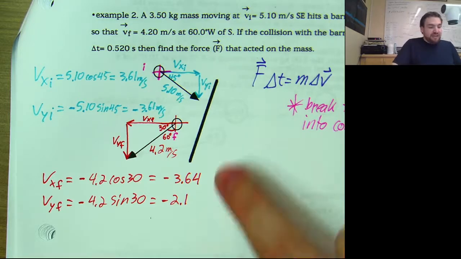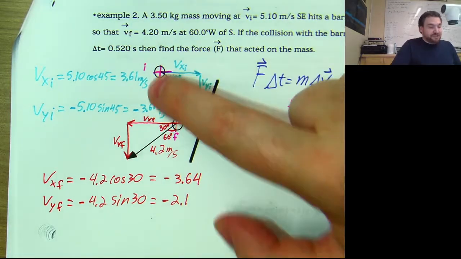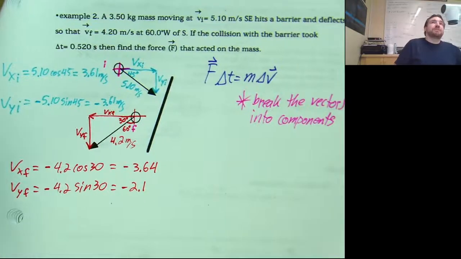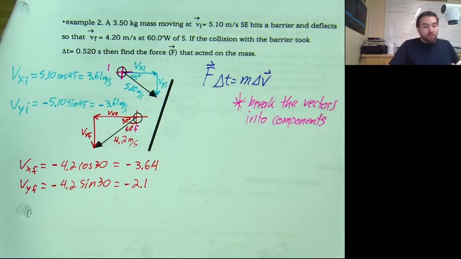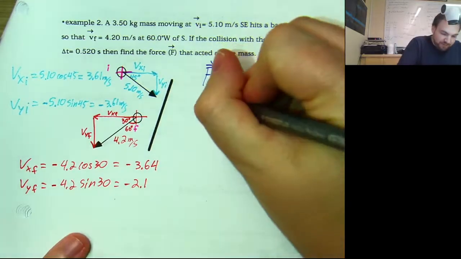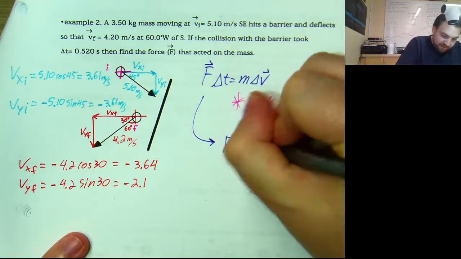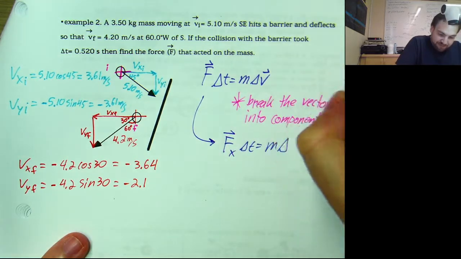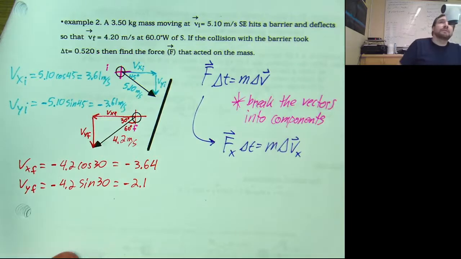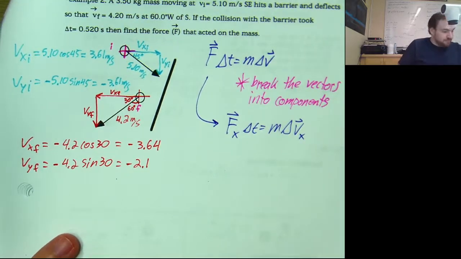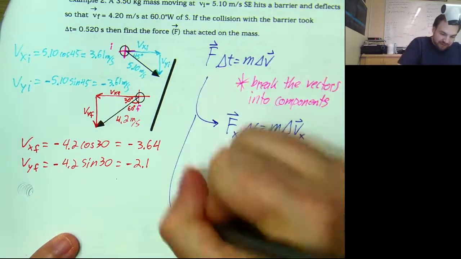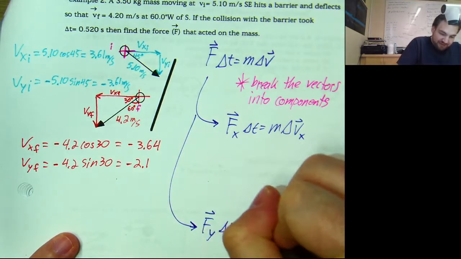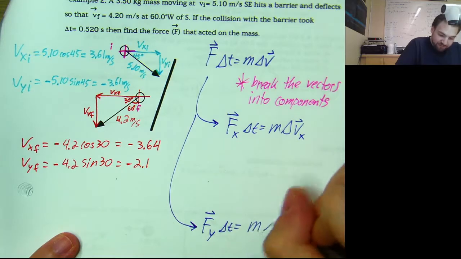So we can see here that the velocity is changing in the x direction and in the y direction. So when we go back to this impulse equation, we're going to break it up into both x and y portions. So this is going to become Fx delta t equals m delta Vx, and Fy delta t is m delta Vy.